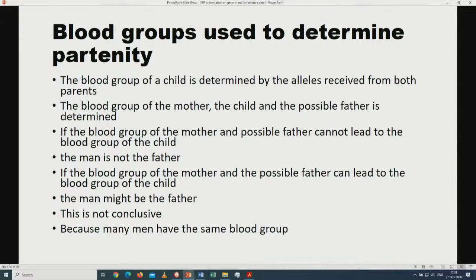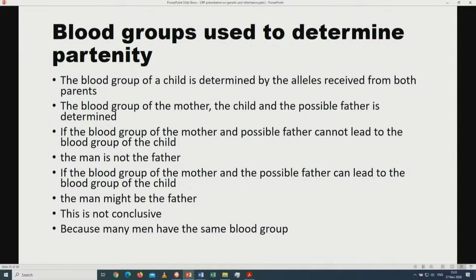Now, we say it's a possible father because we need to determine whether he is the father or not. If the blood group of the mother and the possible father cannot lead to the blood group of the child, then the man is not the father.